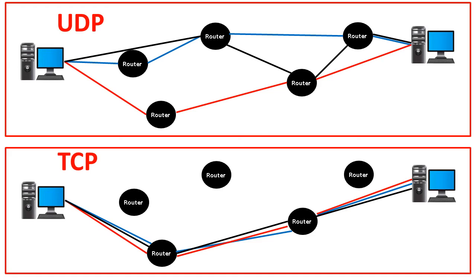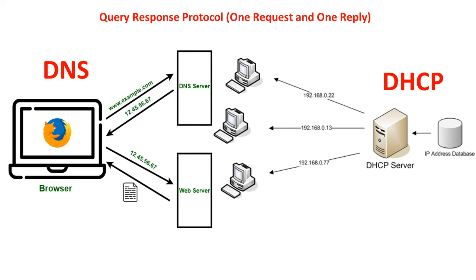Therefore, in spite of knowing that UDP is not reliable, still UDP is used heavily over TCP for some applications to perform real-time transmission of data. Let us discuss those applications which run in real time. Query response protocol: one request and one reply, like DNS and DHCP.